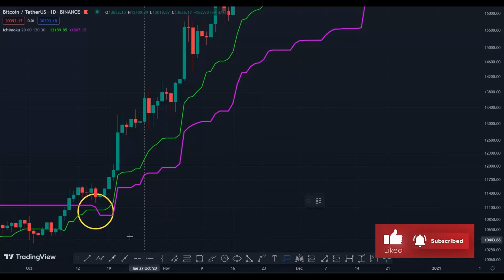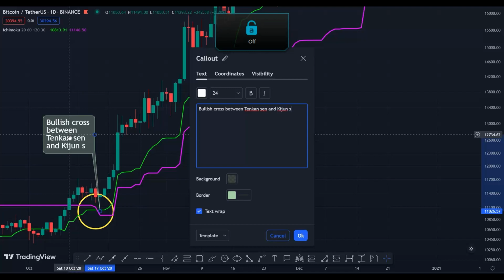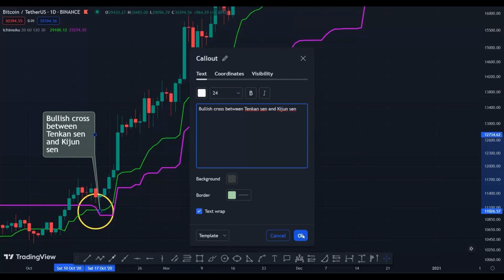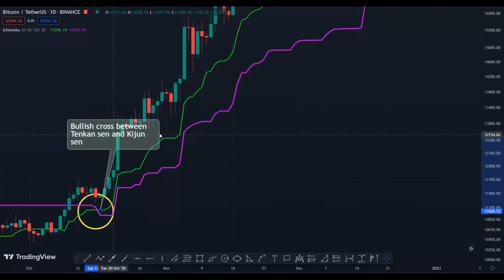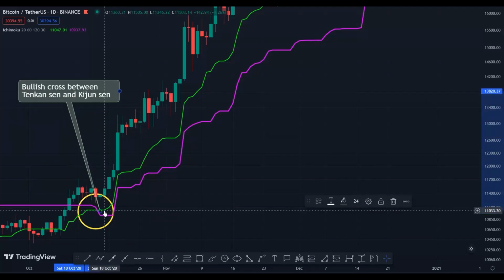So for us, this could represent a bullish cross between the Tenkan-sen and Kijun-sen. When you see a bullish cross, you want to be bullish. That's not a sign to buy, but that's a very strong sign to be bullish.